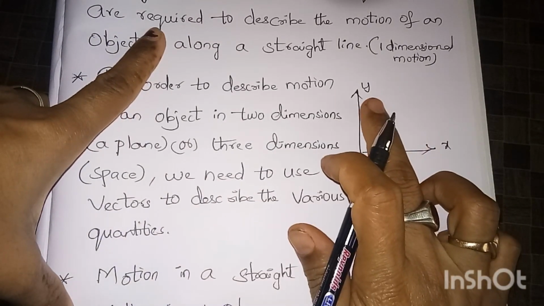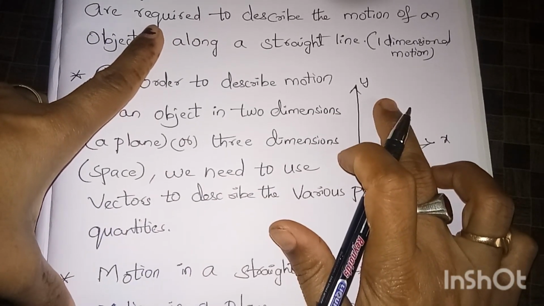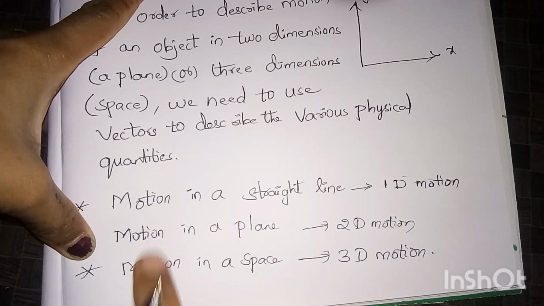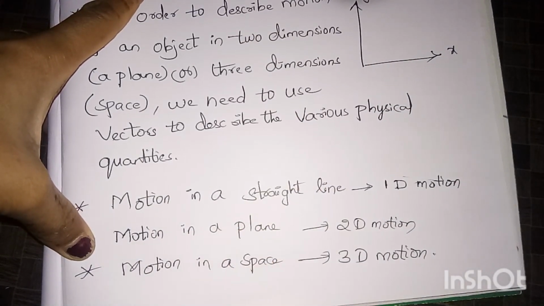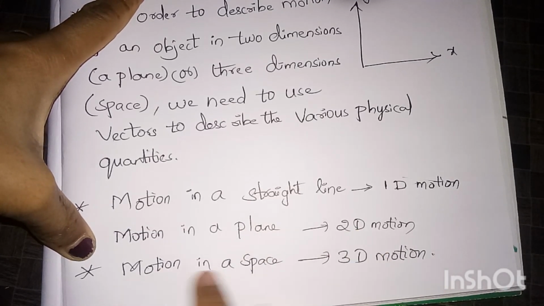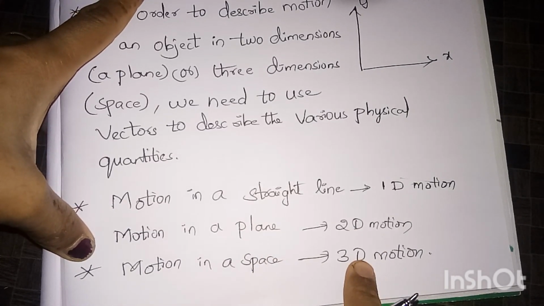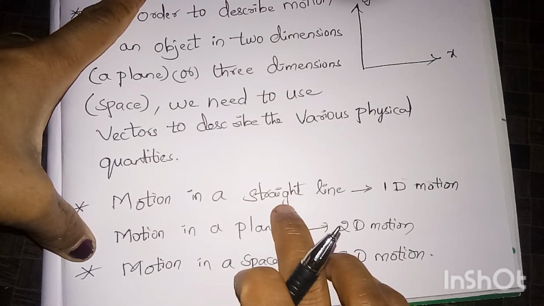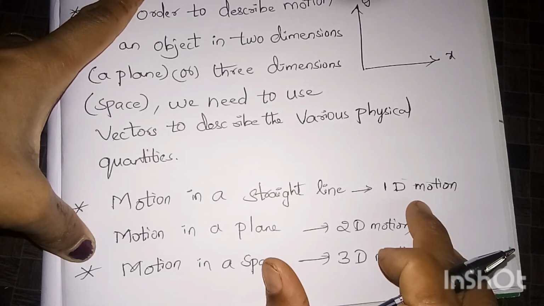If an object is moving in xy, the object is in a plane. So motion in a plane represents two dimensional motion. Motion in space represents three dimensional motion. If an object is moving in a straight line, it represents one dimensional motion.